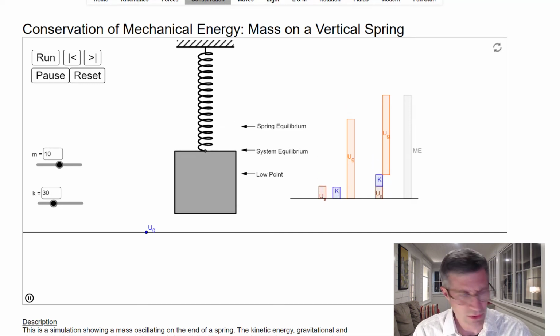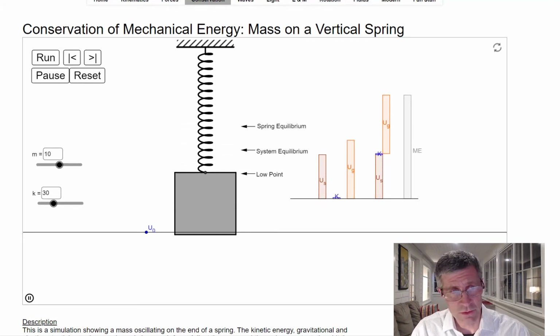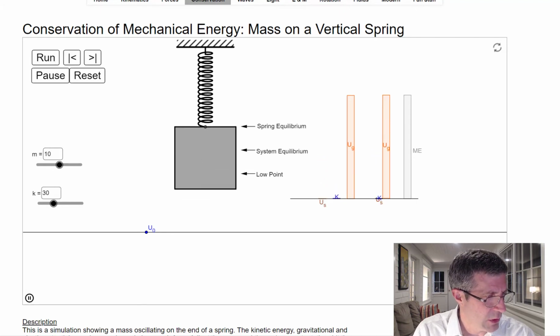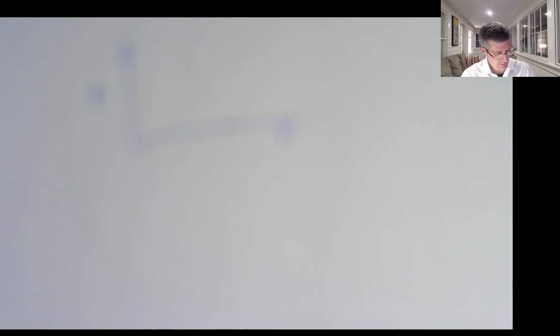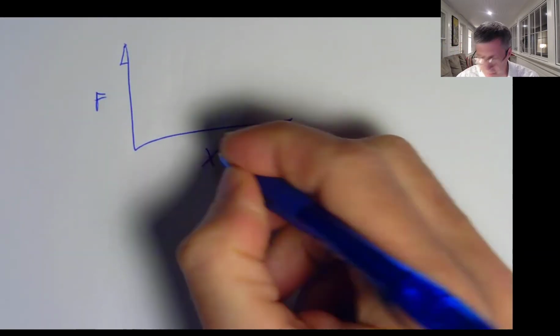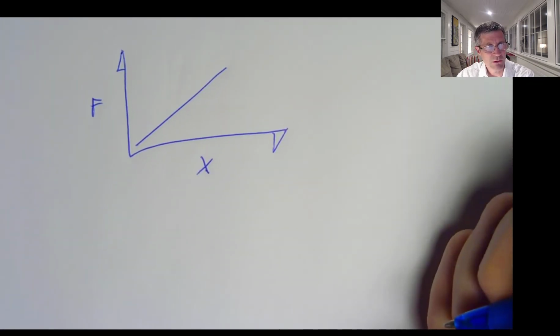Curious thing about springs. You may recall that springs are one of the few examples where we have a non-constant force. So let me talk you through some of this, and we'll come up with an equation. You may recall Hooke's law, which says that if I plot force versus stretch for a spring, I will find a linear relation.